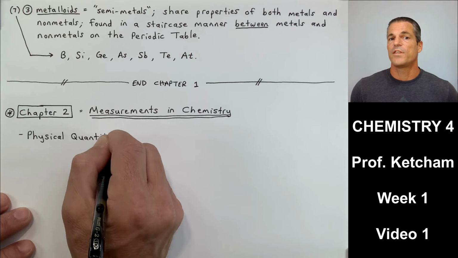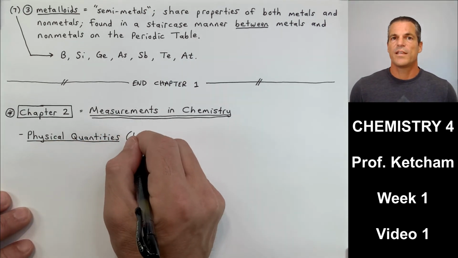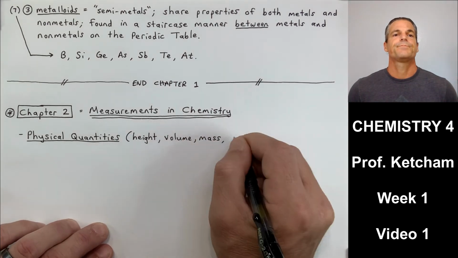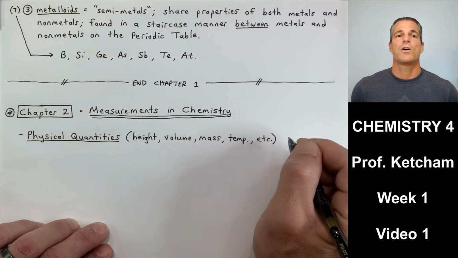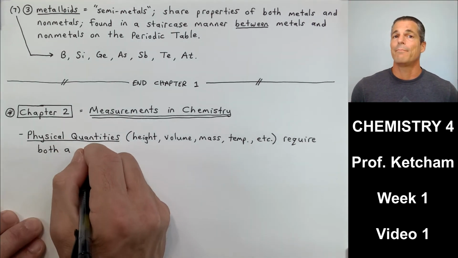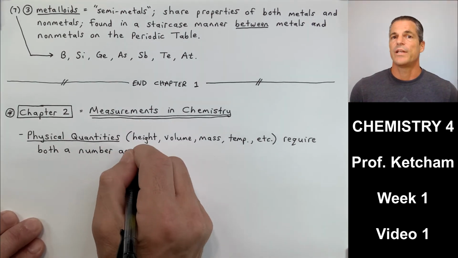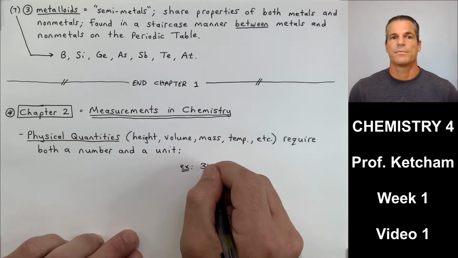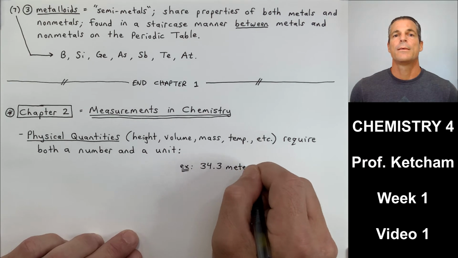So a few things to get through here before we move into some of the measurements in chemistry. I want to mention to you something called physical quantities. Physical quantities require both a number and a unit. For example, 15 grams, 34.3 meters.